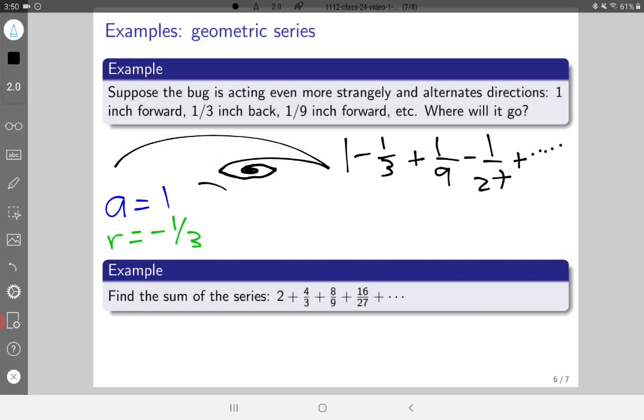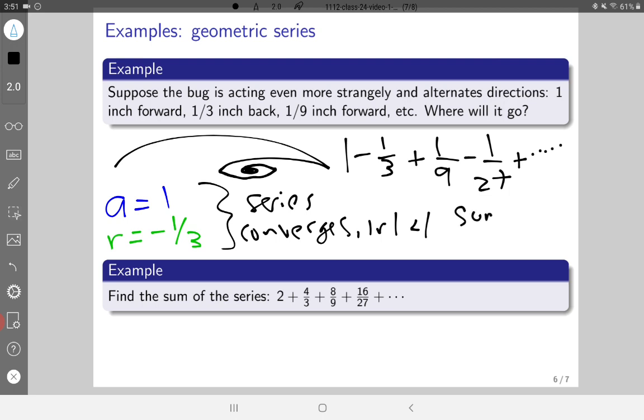And all of that is going to tell me that this series converges, first of all, because the absolute value of r is smaller than 1. And it's going to add up to the sum of 1 over 1 minus, now careful here because r is negative 1/3, so that's 1 over 1 plus 1/3, or 4/3.